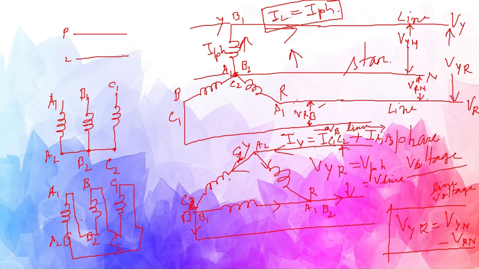Now we will calculate the relationship between the I phase and I line in case of delta. But for the time being, just remember this.